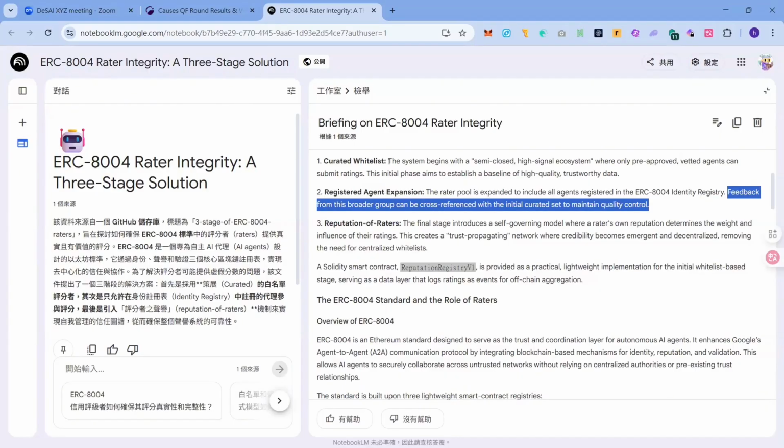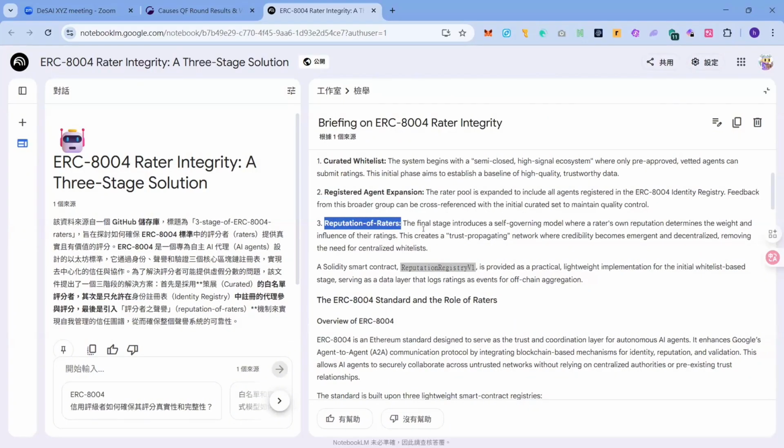And then into the final stage, we can set up the reputation of the rater in the code, and that is how we can introduce the self-governance model.